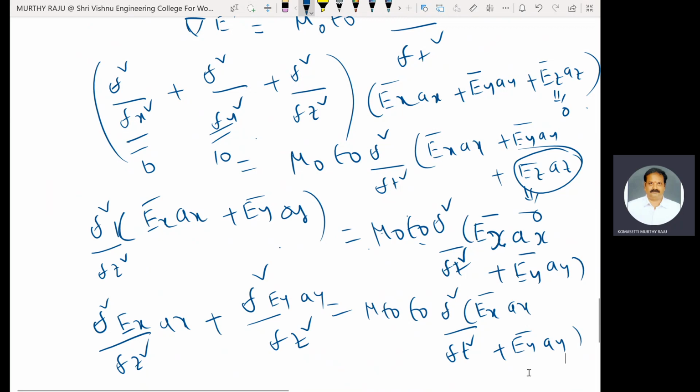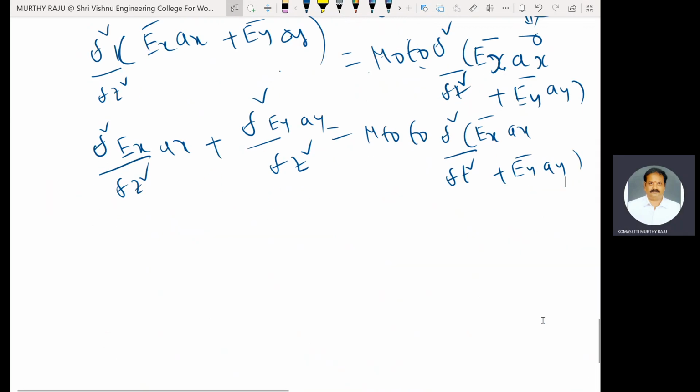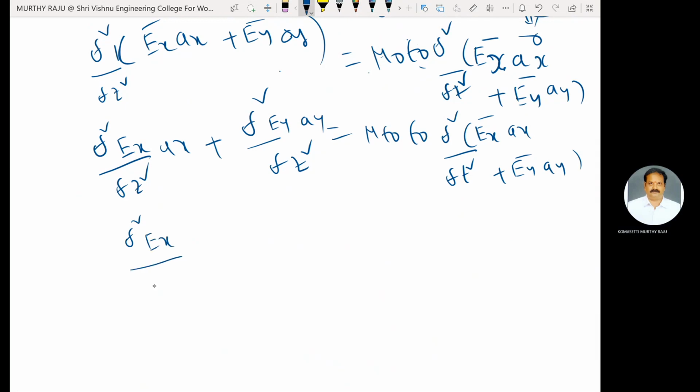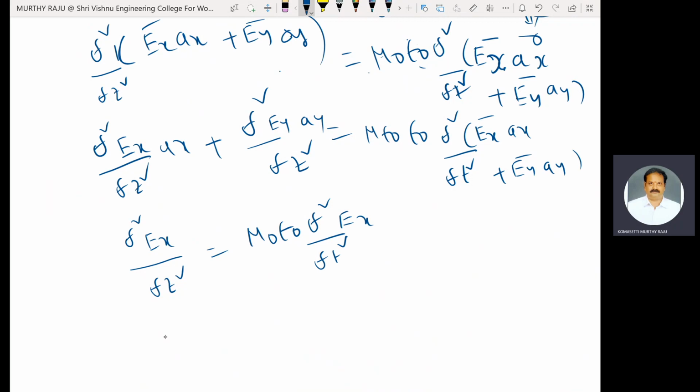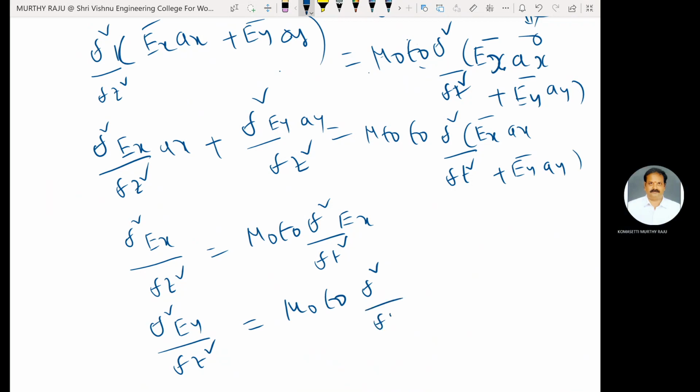Equating these expressions, dou square Ex by dou z square is equal to mu naught epsilon naught dou square Ex by dou t square, and one more expression is dou square Ey by dou z square is equal to mu naught epsilon naught dou square Ey by dou t square.